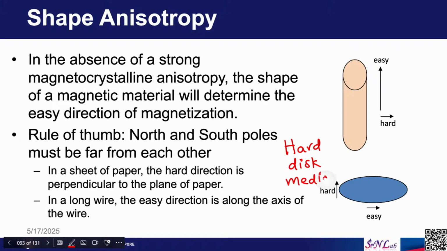The hard disk media, the magnetic films that store information in the hard disk drive, are a good example of polycrystalline systems.